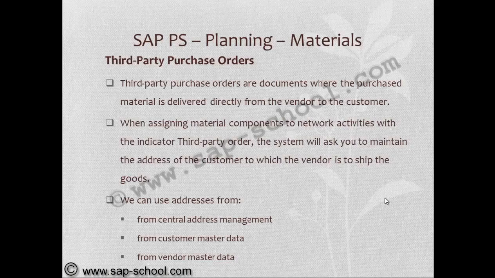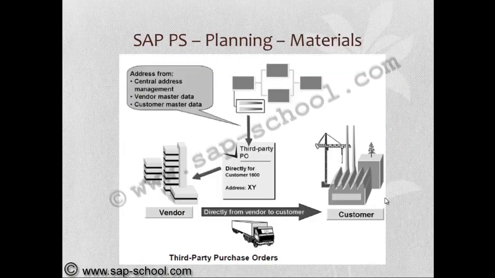We can get the address from central address management, customer master data, or vendor master data. So whenever we are selecting a third-party purchase order, this material will be redirected directly to the customer by the vendor itself.